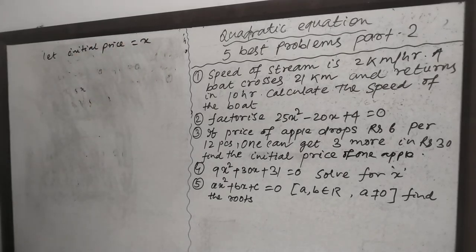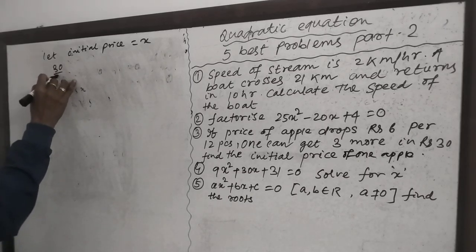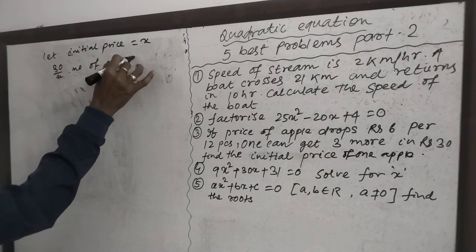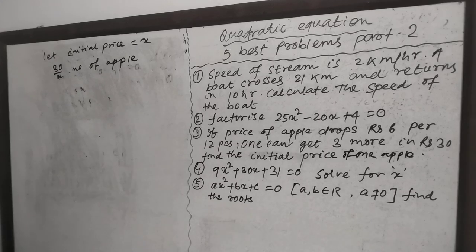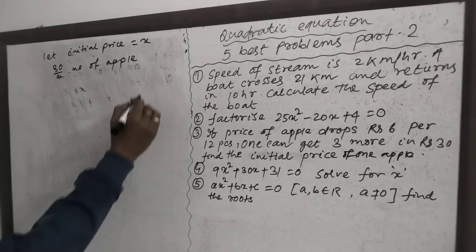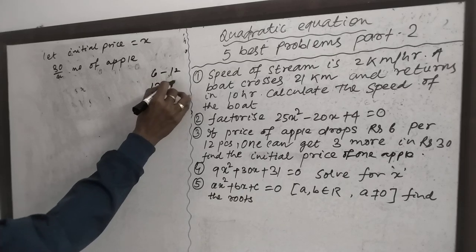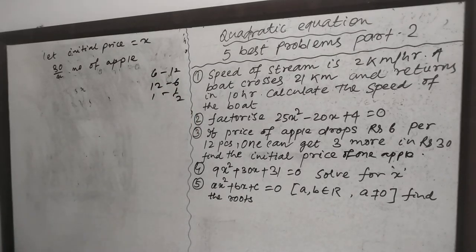Then in rupees 30 we'll get 30 by x apples. Now the price of the apple drops rupees 6 per 12 pieces. 6 for 12 pieces, so 1 piece drops half a rupee.